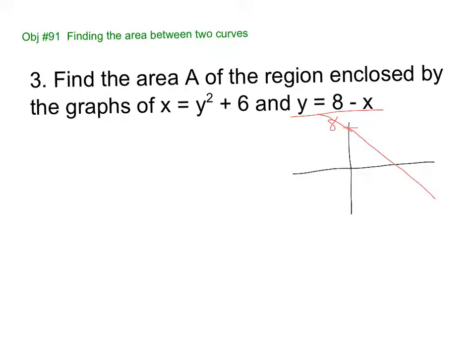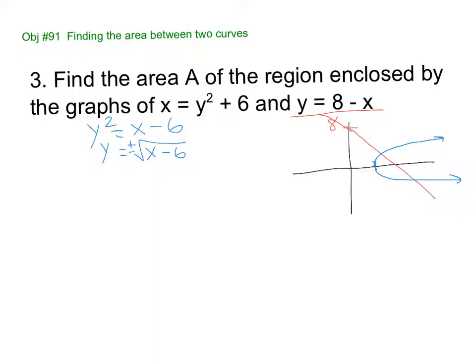And then if you're not sure what this looks like, because you don't know what y squared plus 6 does, does that go right 6, left 6, what's happening? I'll just quickly solve. So y squared equals x minus 6. So it's the square root of x minus 6 plus or minus. So that means I'm going right 6.